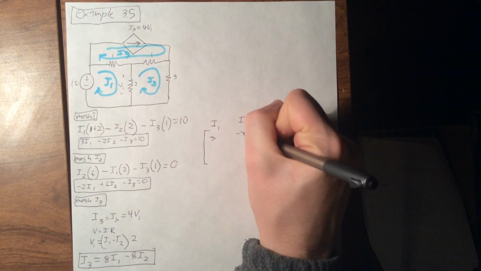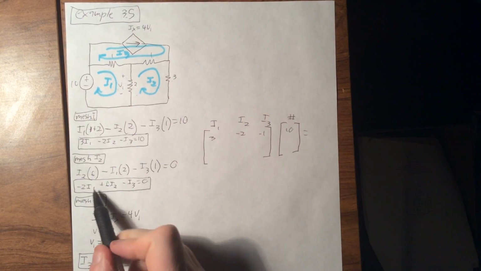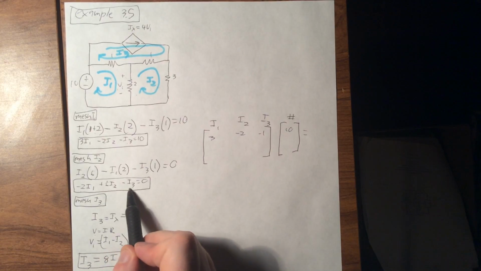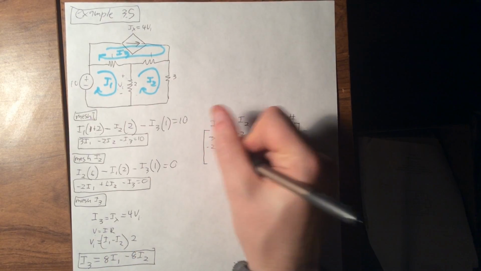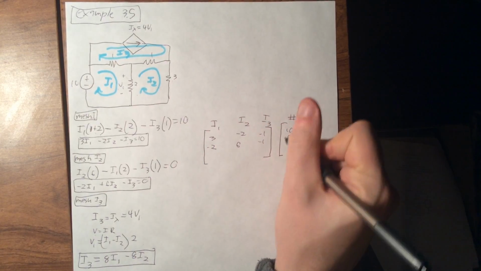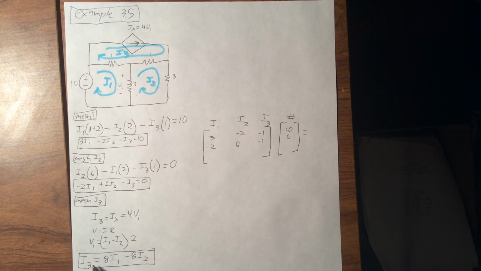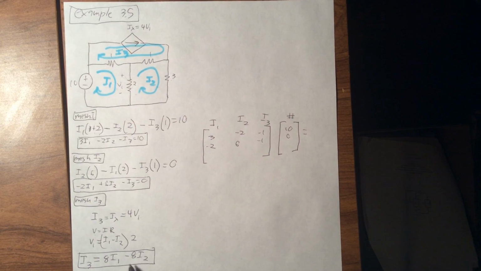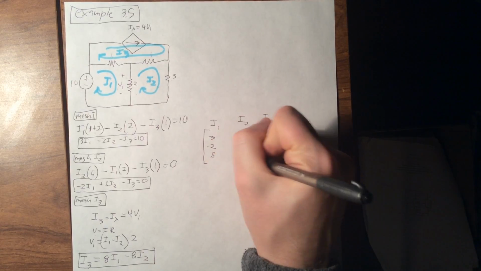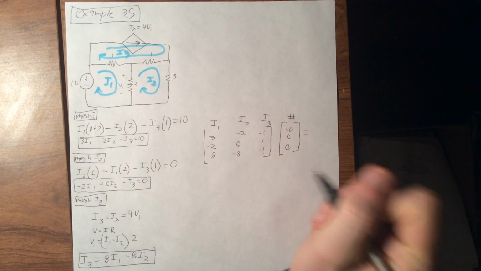The second row is minus 2, 6, minus 1, 0. And down here, 8, minus 8, minus 1, 0.